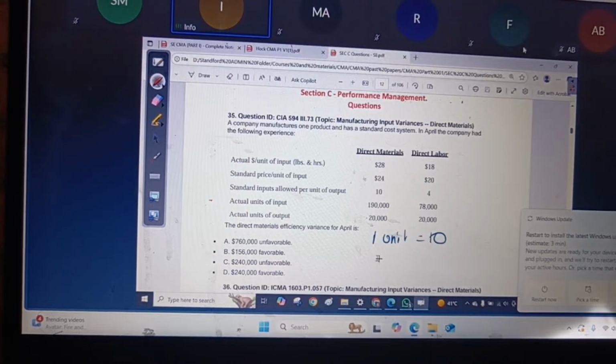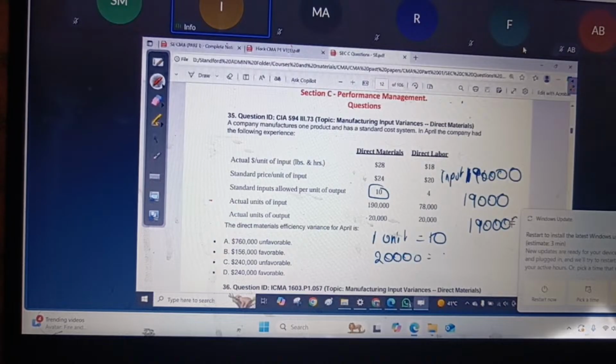So for 20,000 units, it's 200,000. This is the total amount, total input. They are using only 10, so actually they are using only 19,000. Out of the total, 1,90,000 is the total. If we divide this by 10, we get 19,000 as the actual inputs.